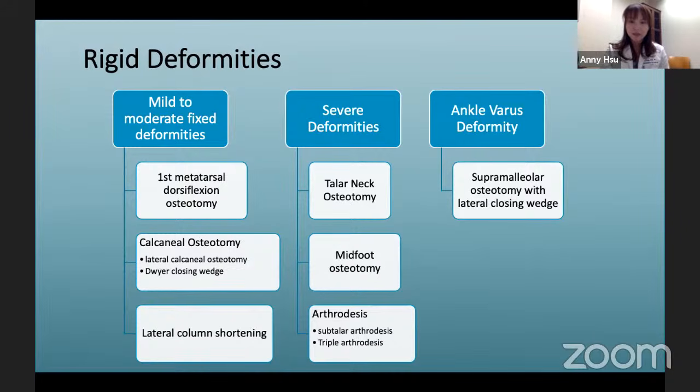So if your ankle is in varus, your whole foot will appear to be in severe varus deformity, and you must consider a supramalleolar osteotomy with a lateral closing wedge first before you can truly correct the residual malalignment of the foot.